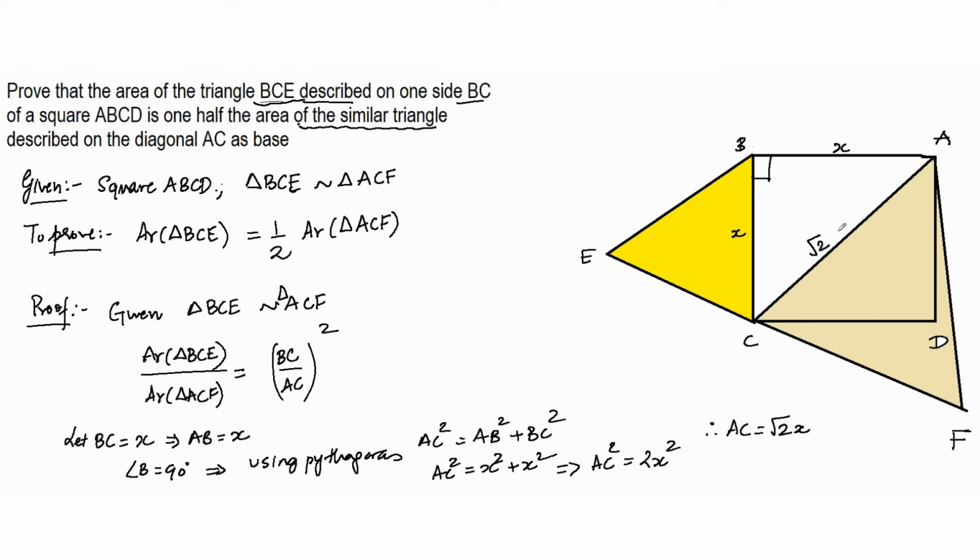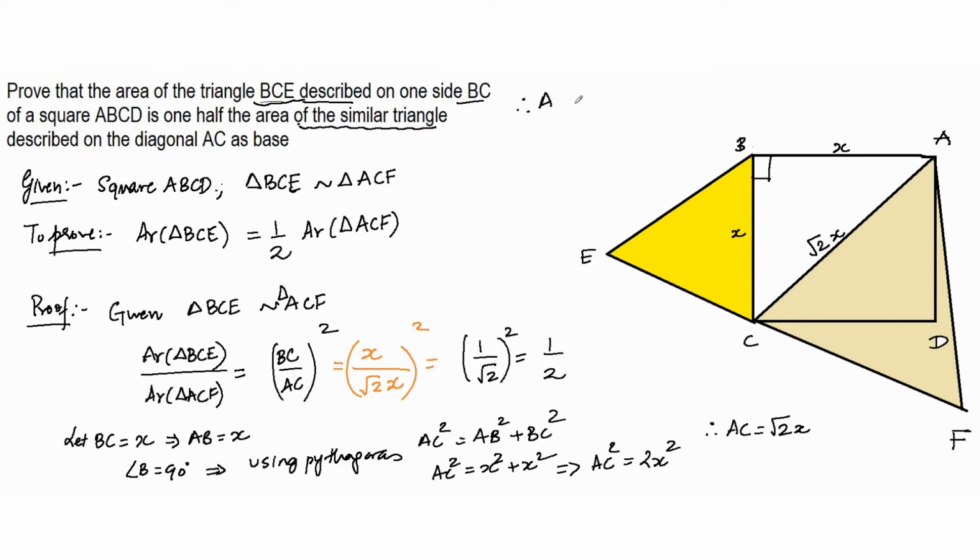So this particular length is root 2 times x, and therefore now I know that BC is x and AC is square root of 2 times x, the whole square, of which the term x and x cancels, and therefore this becomes 1 upon root 2 the whole square, which is equal to half.